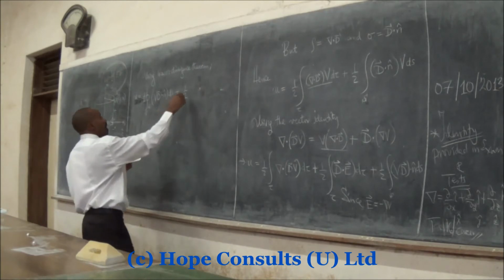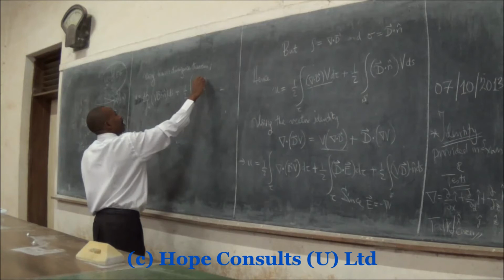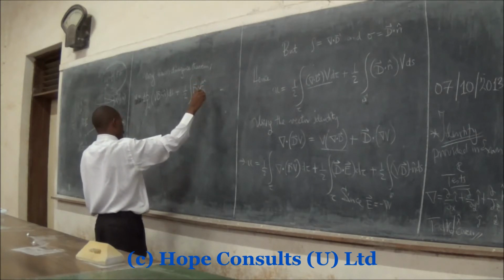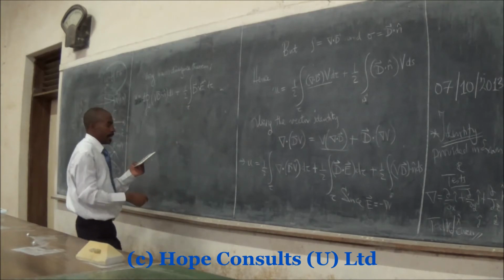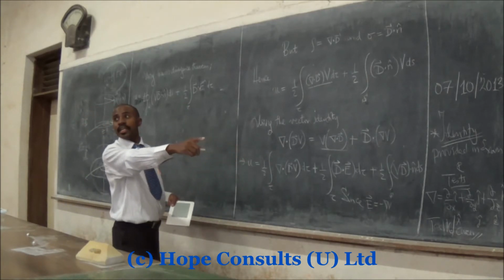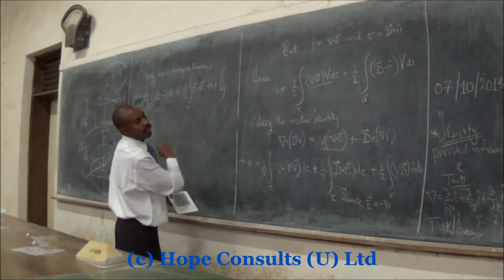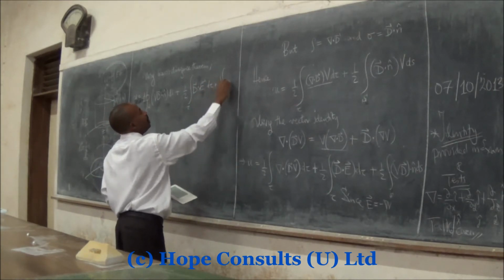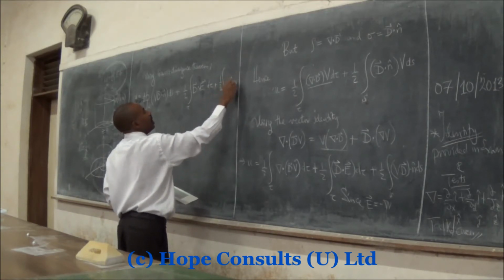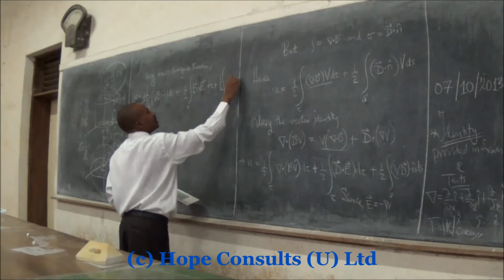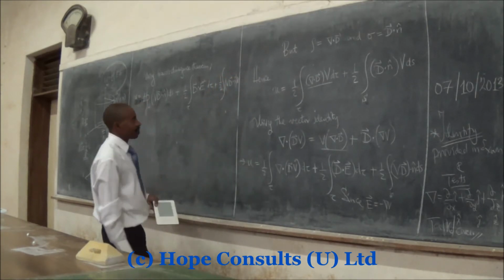And then I add on a half integral D dot A, then the tau, sorry, over the volume tau. And then on the other side I haven't done anything. I add on a half integral of D dot that, and yes, you can put it like this if you want.